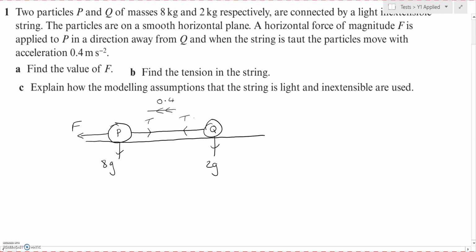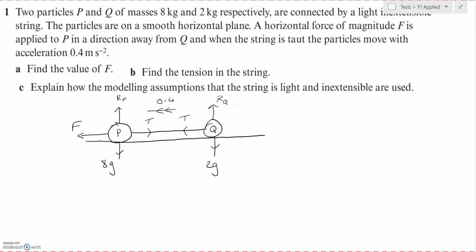So there's one tension pulling P towards Q and another tension pulling Q towards P. You also have your reaction forces, because both these particles are on a surface. Right, so my force diagram is complete. Now I'm ready to answer this question.